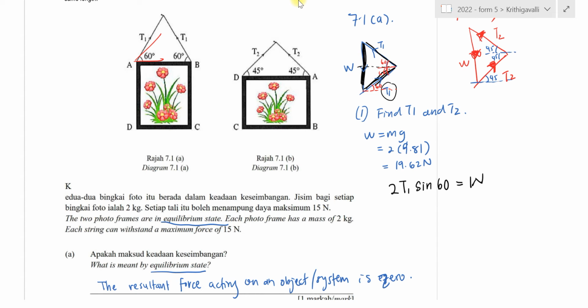So 2T1 sine 60 is equal to 19.62. And then T1 is equal to 19.62 divided by 2 sine 60.